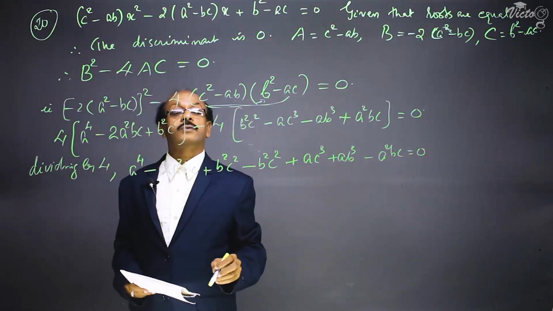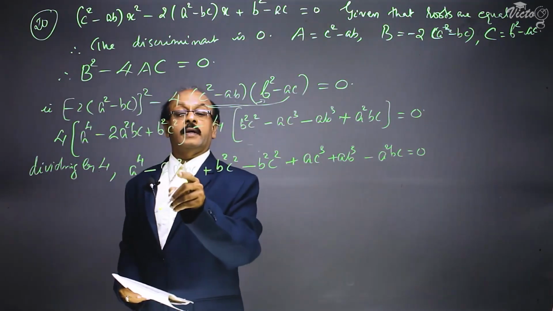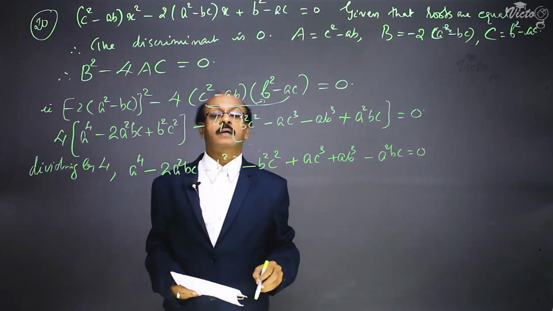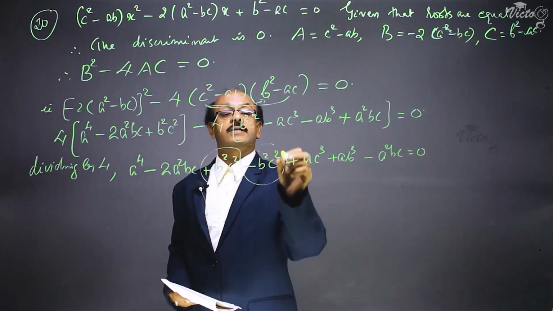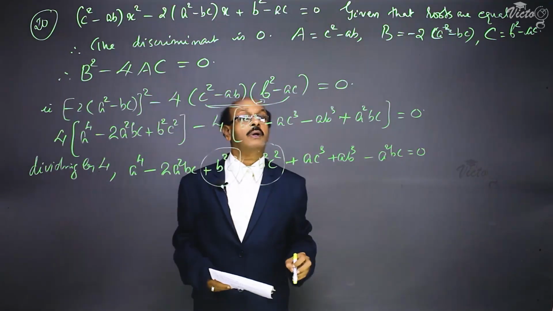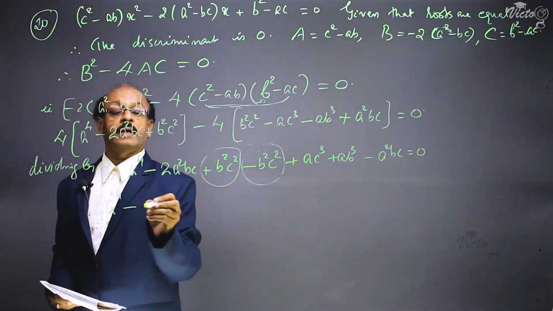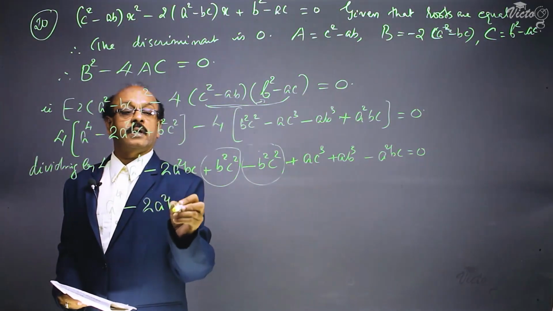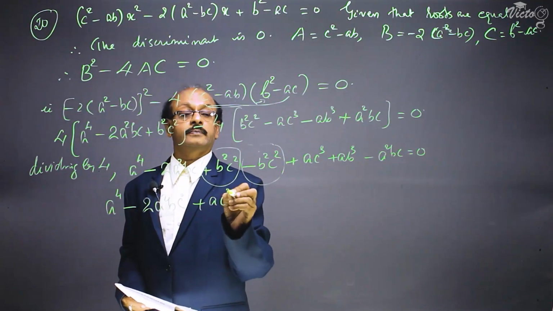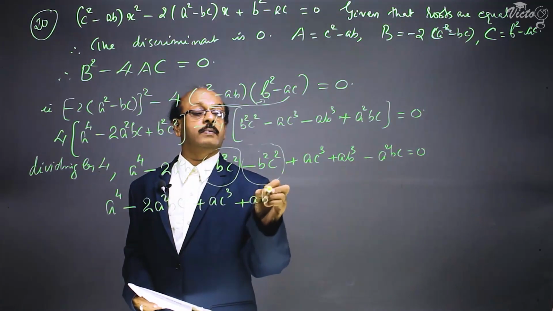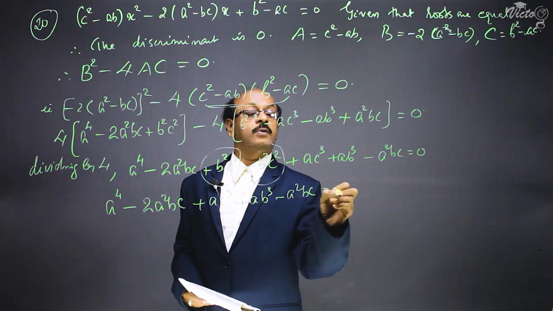Now we have to rearrange the terms. These two terms will be cancelled, b square c square minus b square c square. The remaining quantities: a raised to 4 minus 2a square bc plus ac cube plus ab cube minus a square bc is equal to 0.